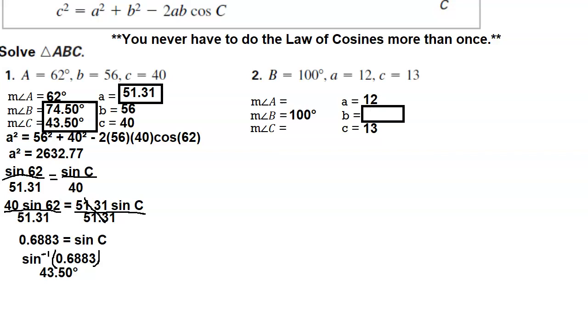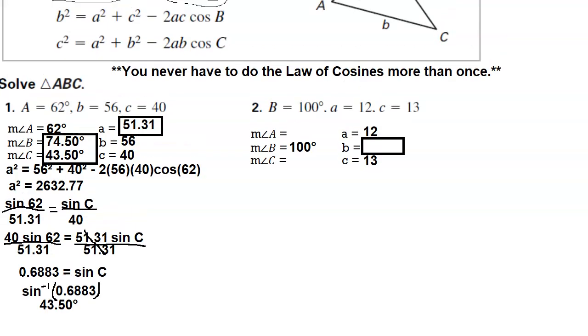Remember, if we want to use the law of sines, we need the complete story about a letter. We need to know all of a letter, both the angle and the side. We don't know that right now, so we are going to do the law of cosines, and we are going to use the version that has the B out in front.